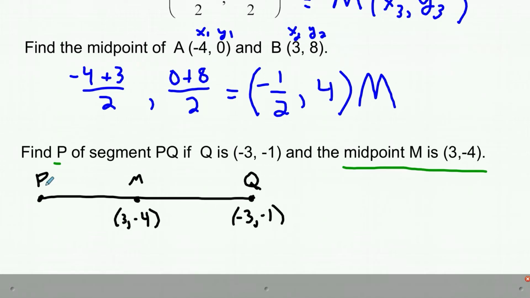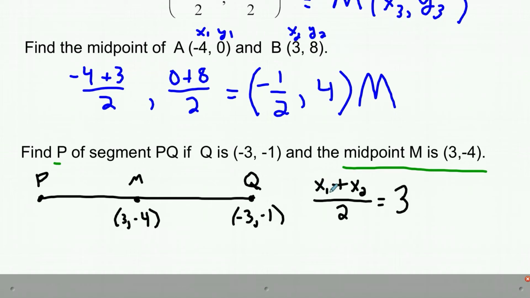Okay, so hopefully you've had a little bit of time to think, and what I would do is just write an equation. I know that x1 plus x2 divided by 2 is going to be the x value for the midpoint. We know that the x value for the midpoint M is 3.